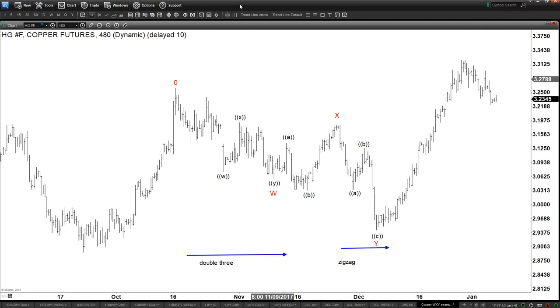Because this is a 3-wave move, 1, 2, 3. You cannot label this as an ABC zigzag because it is not 5 waves. So you can see the subdivision here is in 3, 1, 2, 3, and then the subdivision here is also something like a 1, 2, 3.